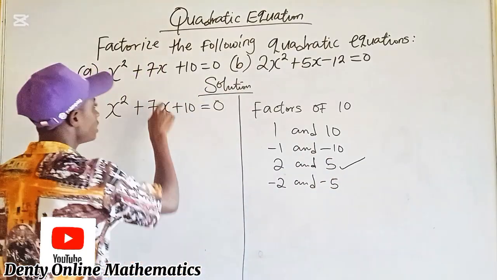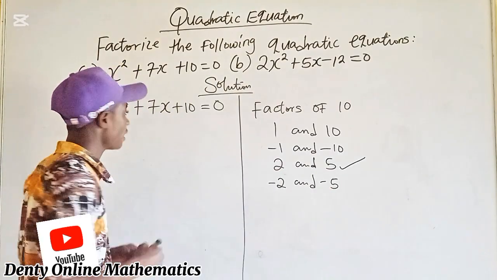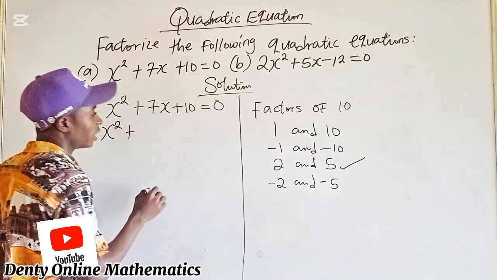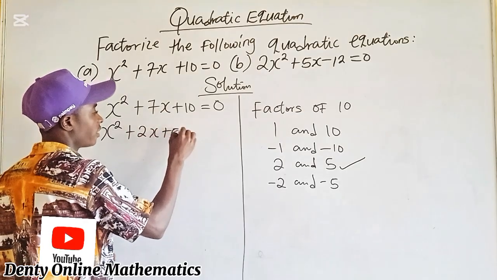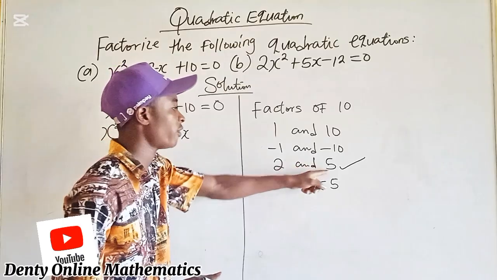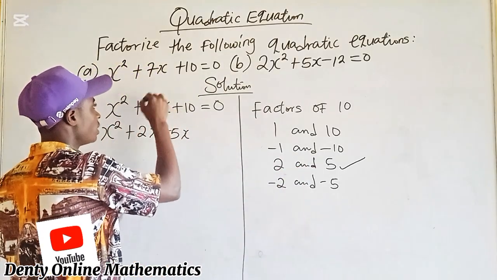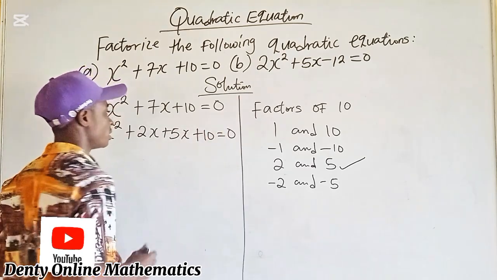So we are going to replace this middle term, 7x, by 2x and 5x. So I'm going to have x squared plus, in place of 7x, 2x plus 5x. Remember the numbers are 2 and 5, so you just add x to them, so it can fit in as the middle term, plus 10 equal to 0.